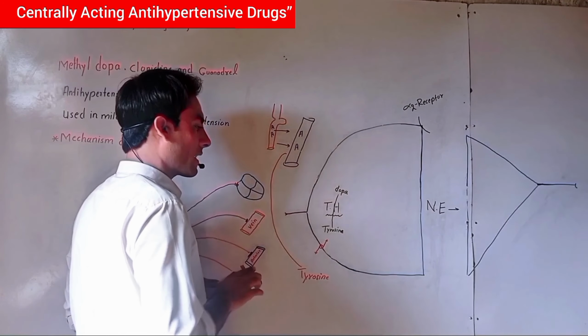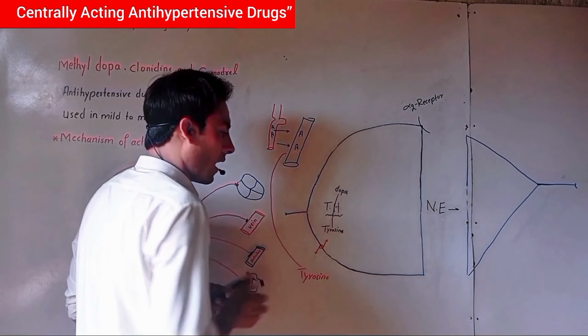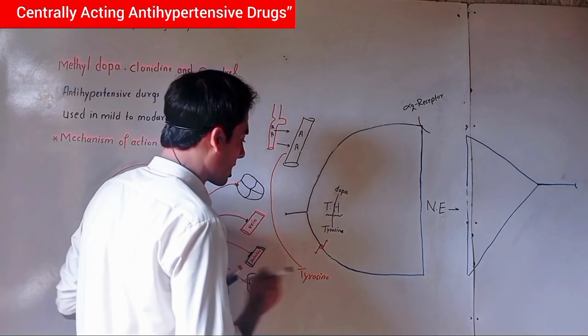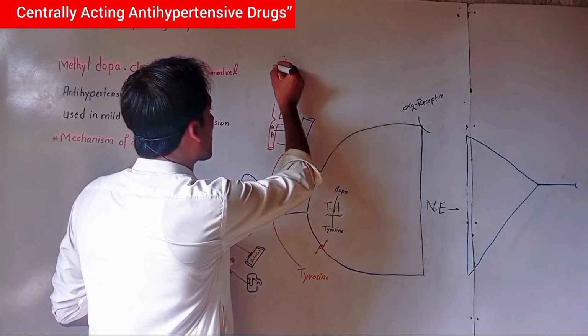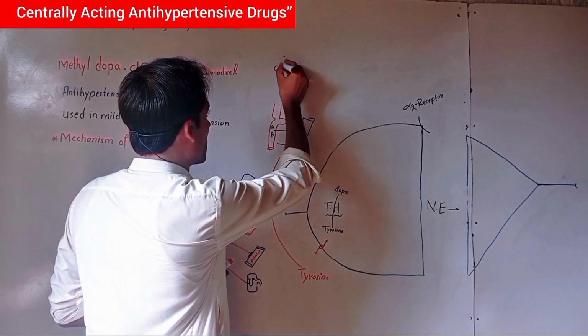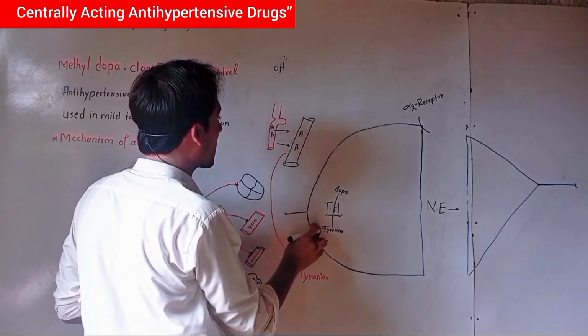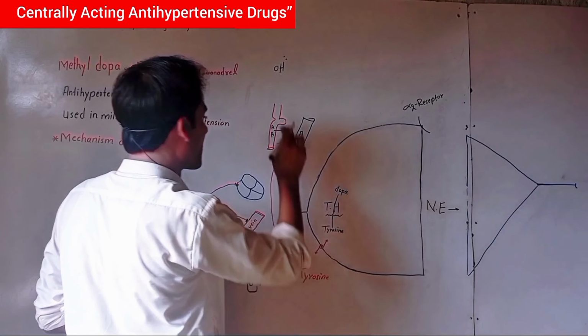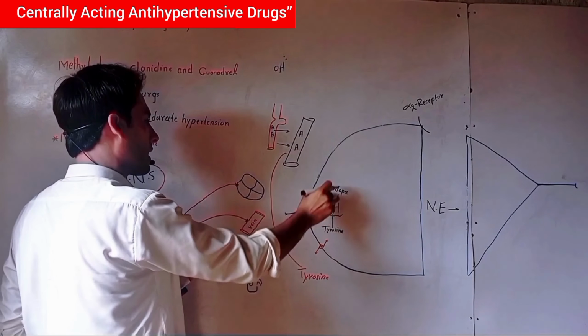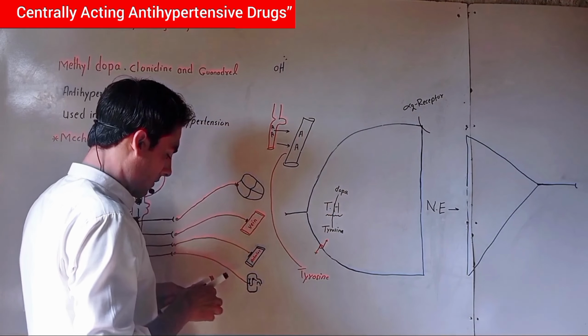Actually, the tyrosine hydroxylase enzyme adds a hydroxyl group to the basic structure of tyrosine. So the hydroxyl group is added over here and it is converted into dopa.